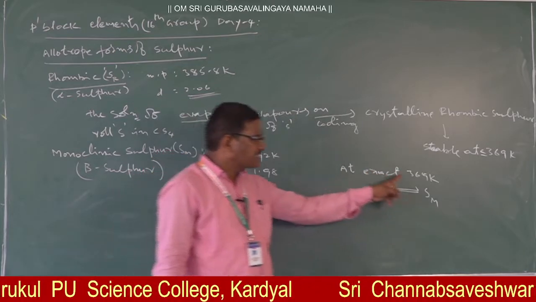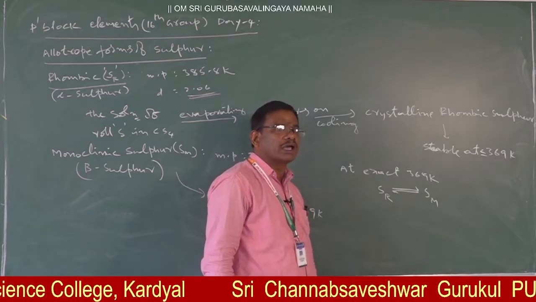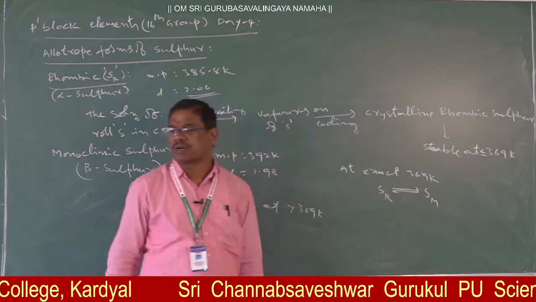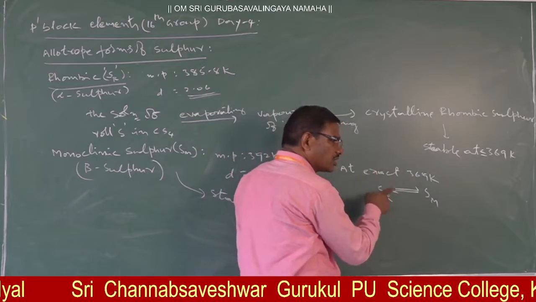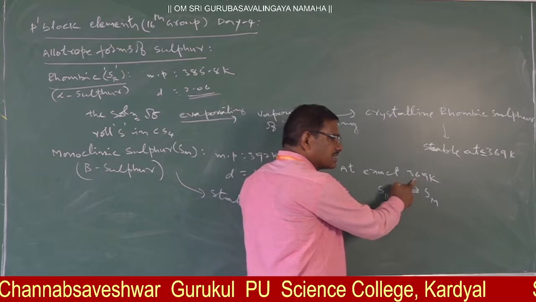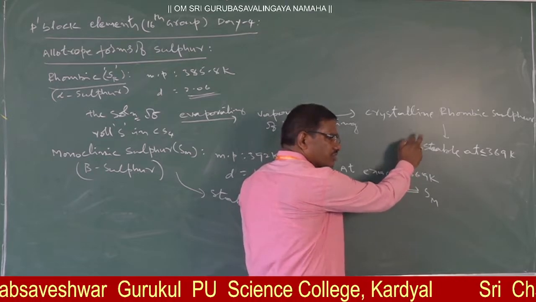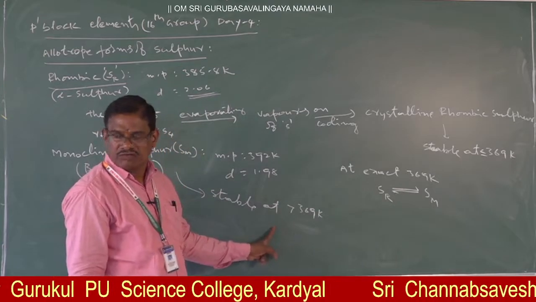Thus, this 369 Kelvin for the sulfur allotropes is known as the transition temperature. Clear? At less than 369 Kelvin, rhombic sulfur is stable. At more than 369 Kelvin, monoclinic sulfur is stable.